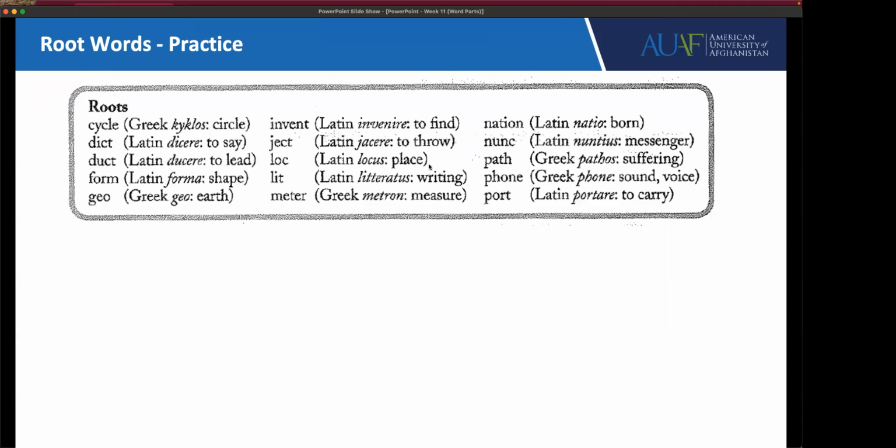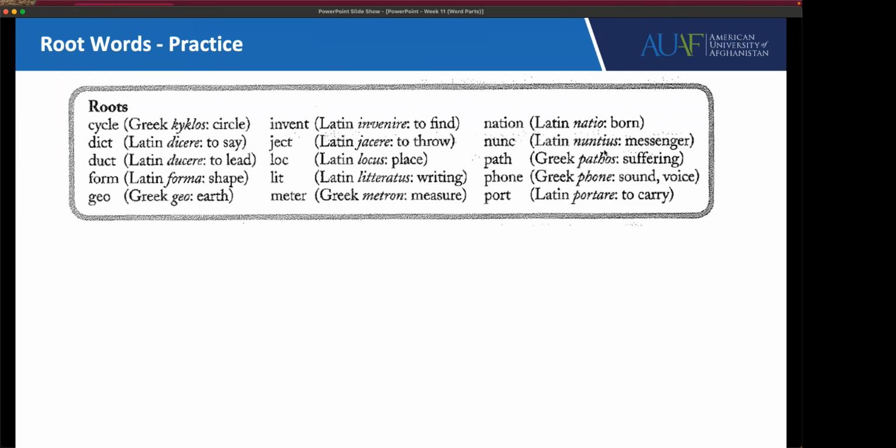Loc, which is Latin for place, location. Lit, which is Latin for writing, so literature. Meter, which is Greek for metron, measure. Meteorology, measuring the weather. A meter, right? Nat, which is Latin for born, nationality.